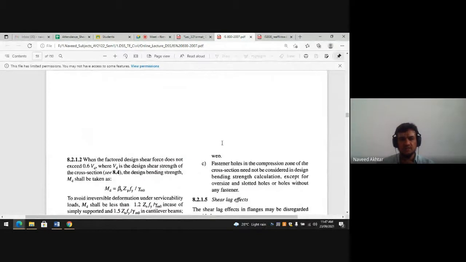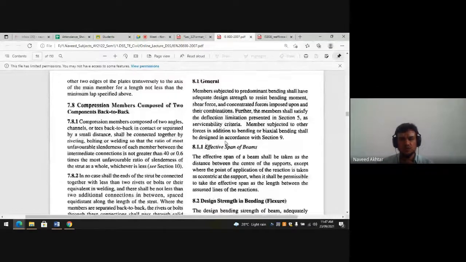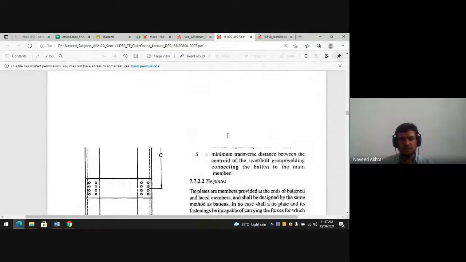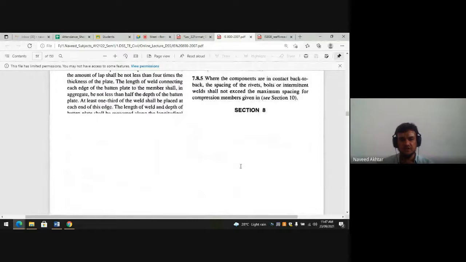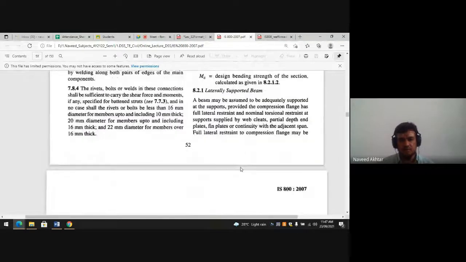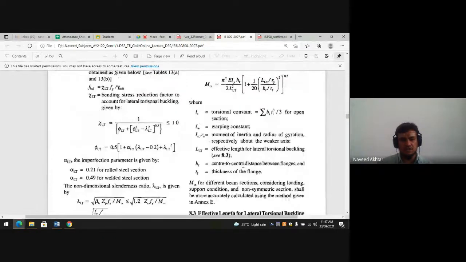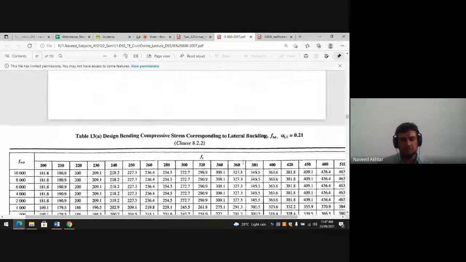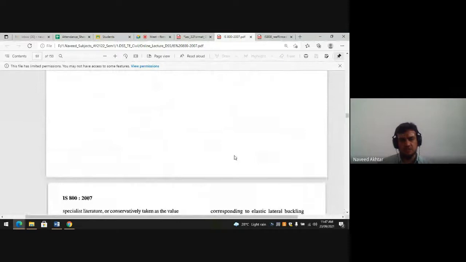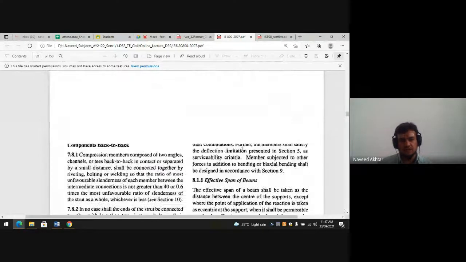The table for the effective length of the beam column is given in Table number 15, I think.